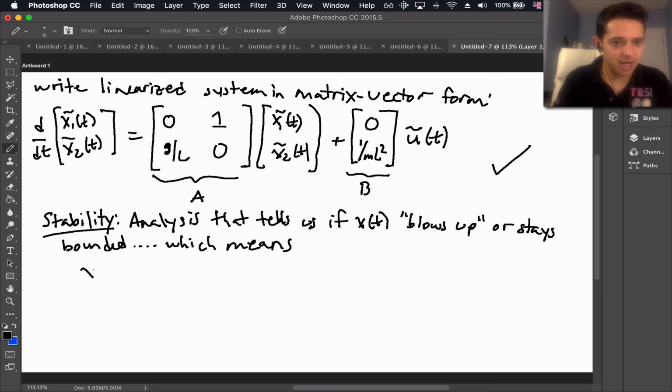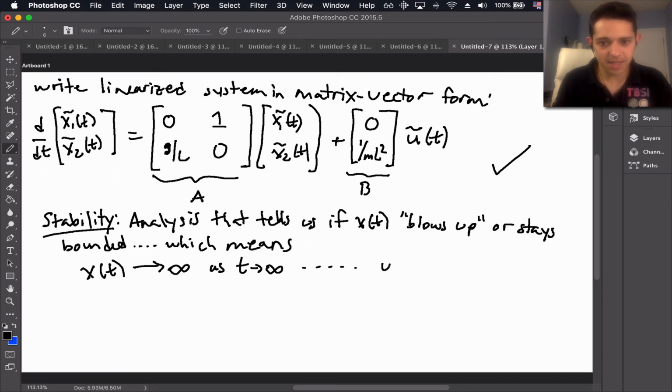So blowing up would mean that x(t), the state vector, goes to infinity, possibly, yeah, as time marches forward. Now that we call unstable. That is bad news, bears.